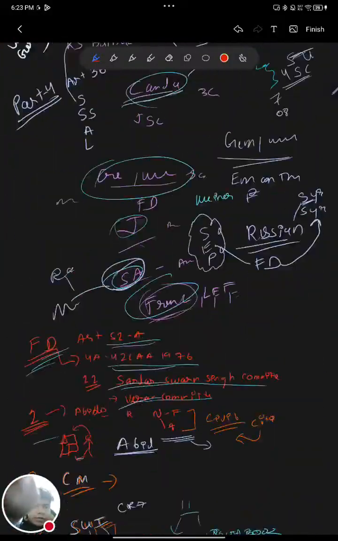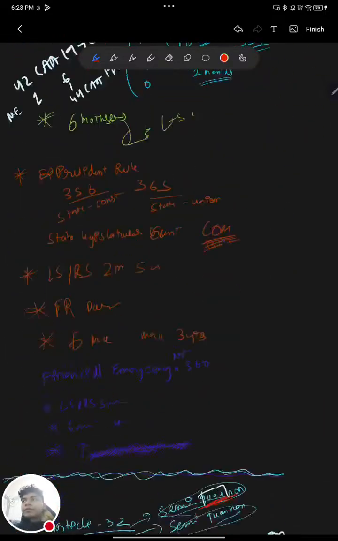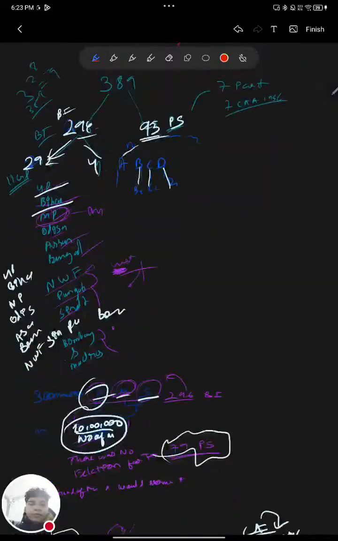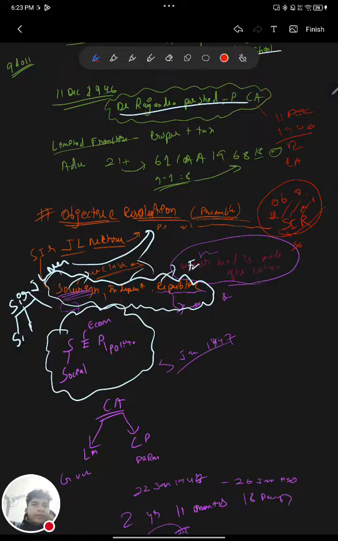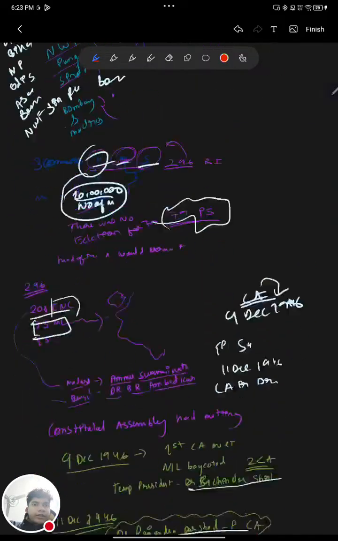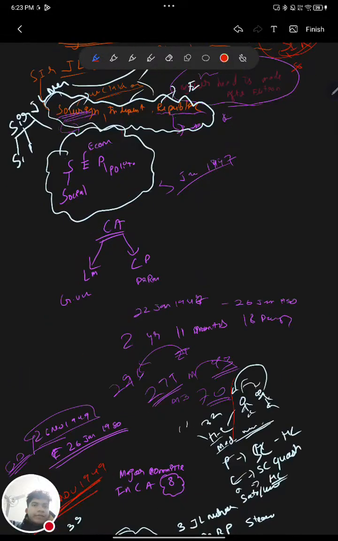Now all the parts, and various parts from where we have taken the constitution, and the objective resolution and all that. The Indian National Congress had 208 seats. Dr. Rajendra Prasad, on 11th December 1946, became the president of the Constituent Assembly.